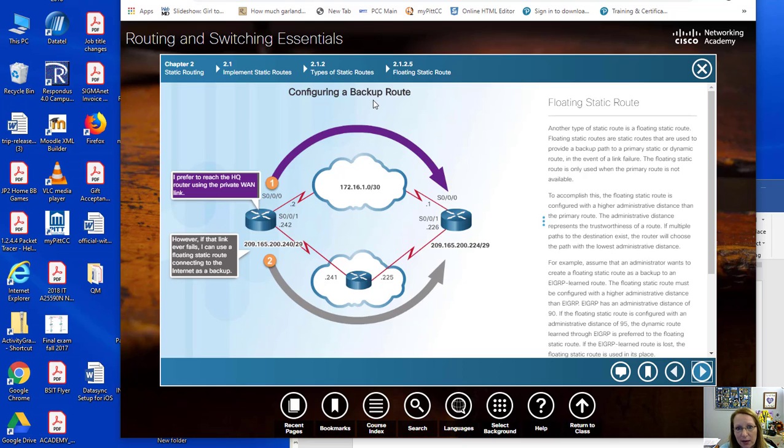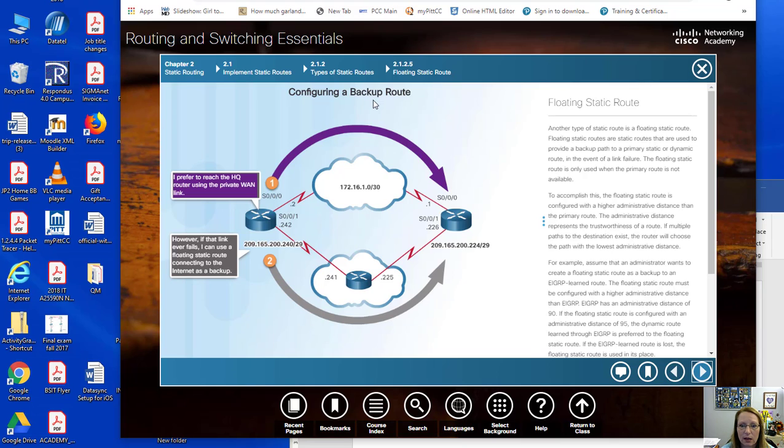So with a dynamic routing protocol, we use administrative distance. The administrative distance of a route is the trustworthiness of a route. The lower the administrative distance, the better, or the more trustworthy it is. If you're looking at a directly connected device, it would have an administrative distance of 0. If you're looking at a static route, that would automatically be configured with an administrative distance of 1.